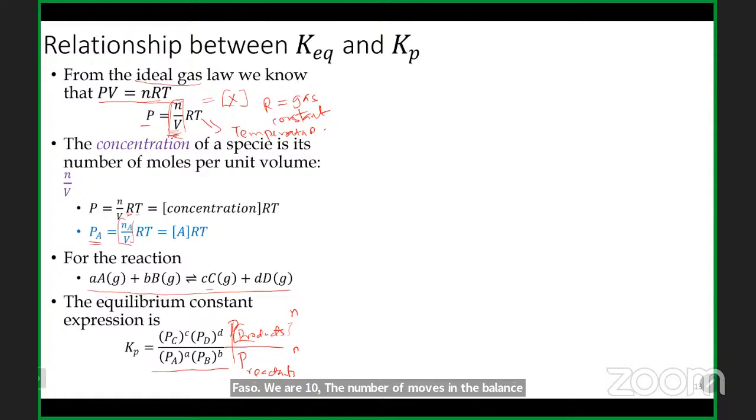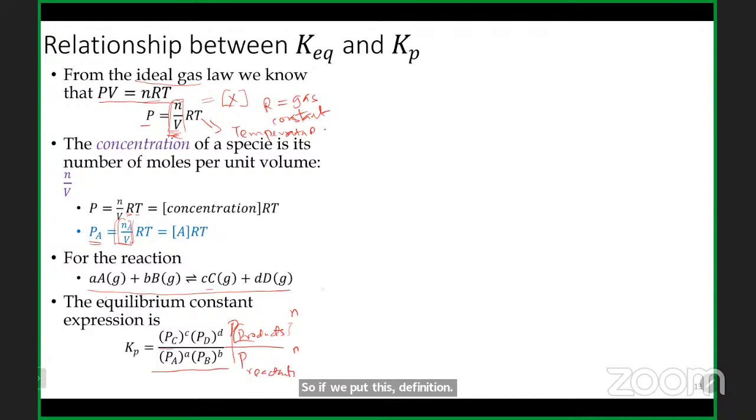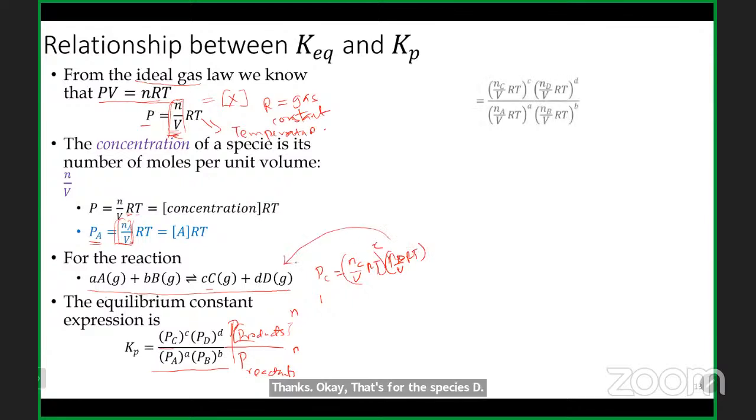If we put this definition in here, you would write Pc is Nc over V times RT, raised to power c, times Nd over V times RT for the species D. So let me just put it out there: this one is Pc, this is Pd, this is Pb, and that's Pa.